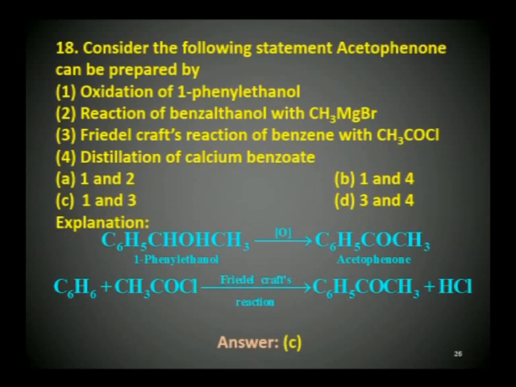In both these reactions we can produce acetophenone. That is why the answer will be C. The first and third statements produce acetophenone.